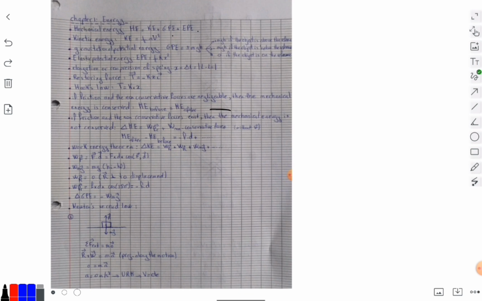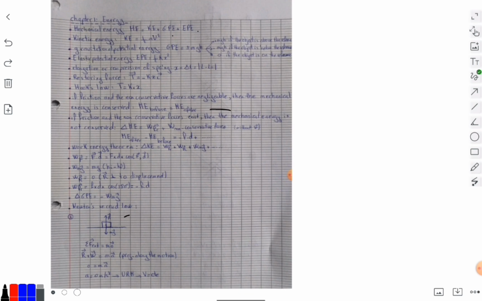Okay. As a revision, Newton's second law. First case, the object is on the horizontal surface. So we have two forces, weight and reaction of support. By Newton's second law, the sum of external forces equals ma. All the forces, reaction of support plus weight, equal ma.